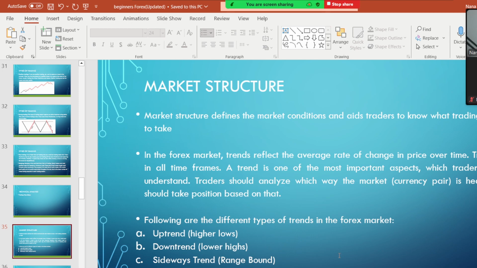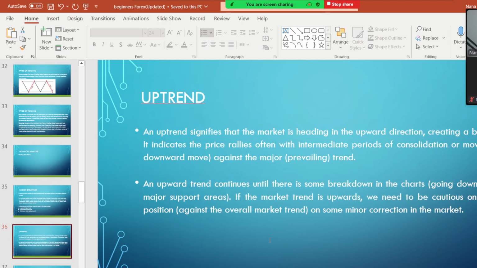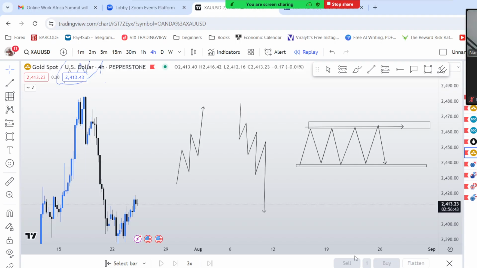All right, so we're going to talk about an uptrend, which I already spoke about. An uptrend signifies a market heading in the upward direction, and it's creating a bullish market movement.